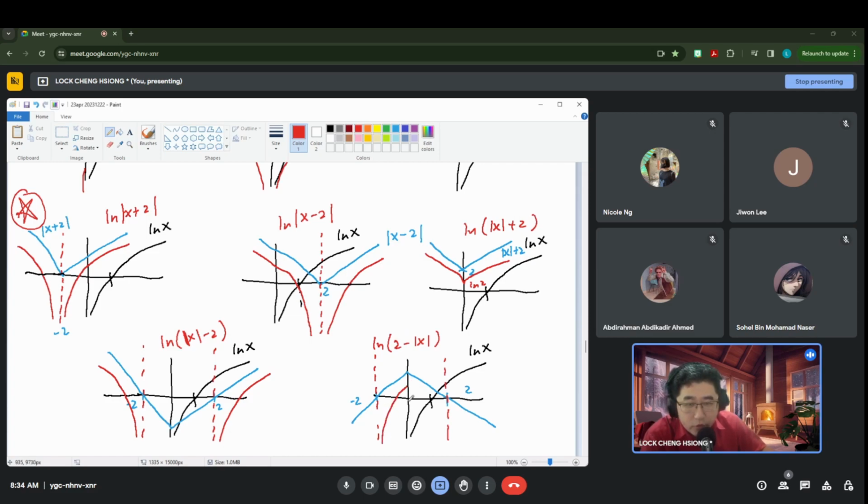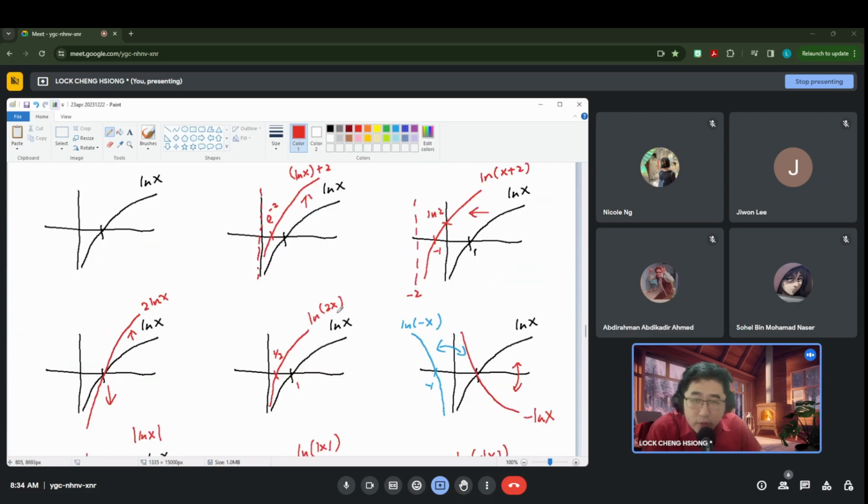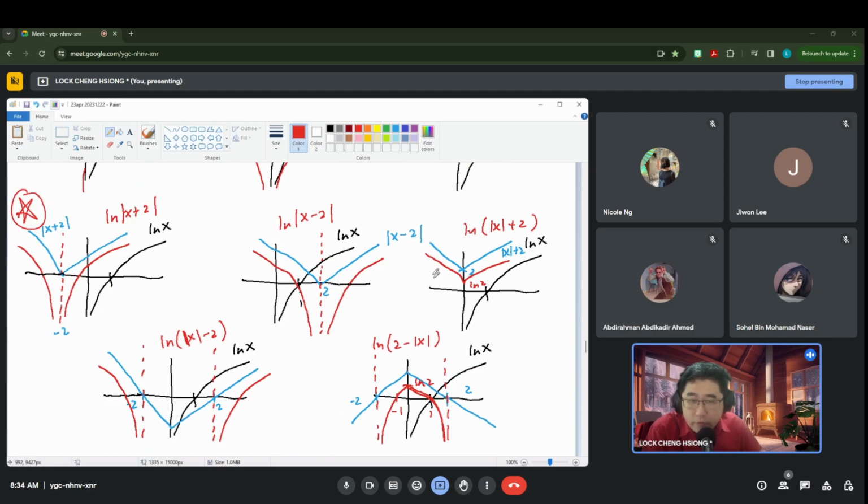So the graph actually looks like this. I didn't draw it symmetrical, but it's supposed to be symmetrical. This is ln of 2. This is 1, this is minus 1. Okay, compared to the ones above, this graph is a harder question.